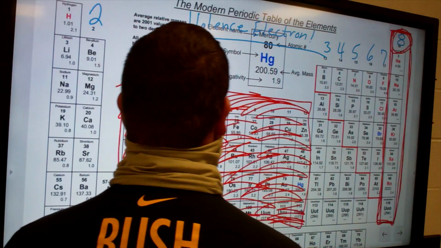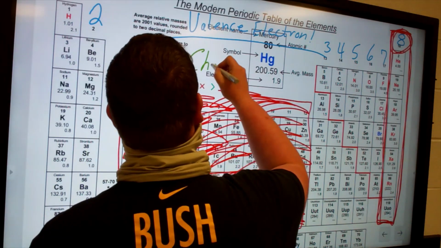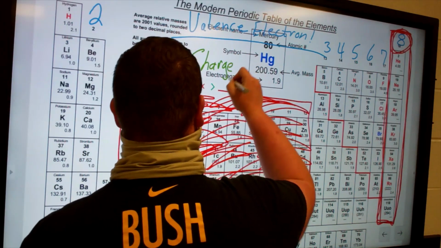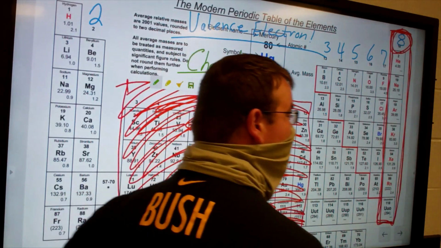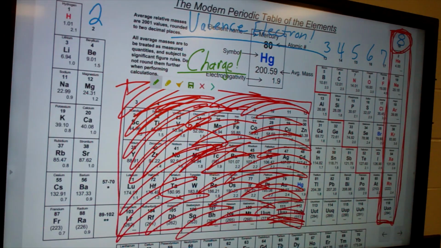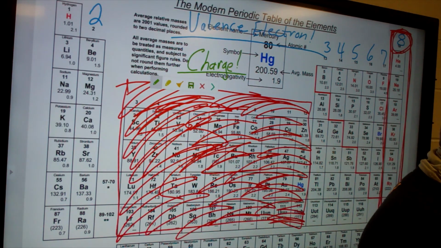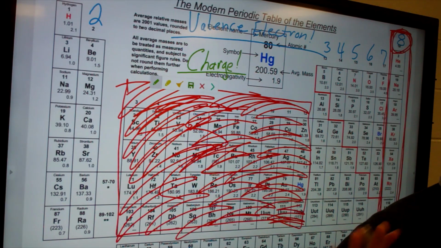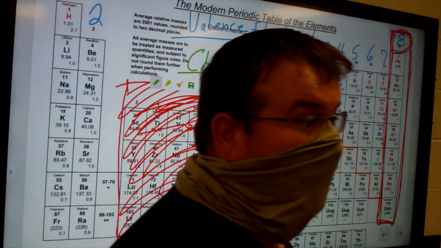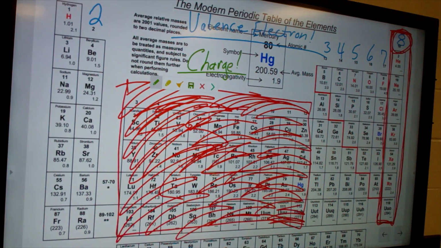So let's look at the charges. The column will also tell you the charge. Here's where things will change a little bit on you. Just follow along. Column 1 is like sodium. It has 1 valence electron, but below that outer valence shell, they have a full 8.